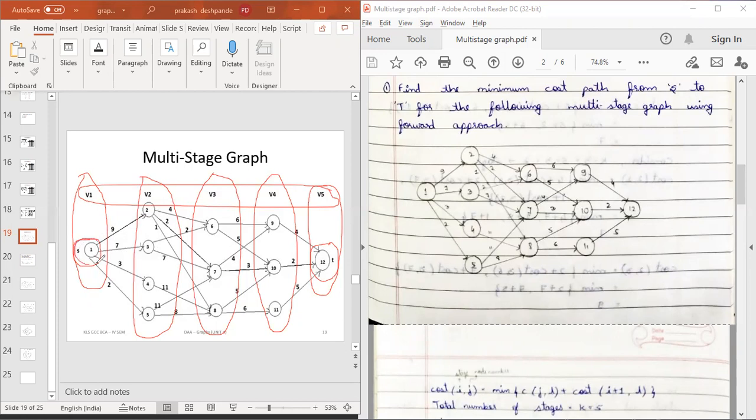I need to find a path in this graph wherein from the source vertex, I reach the destination vertex through the intermediate stages. And in every intermediate stage, we have a set of vertices.